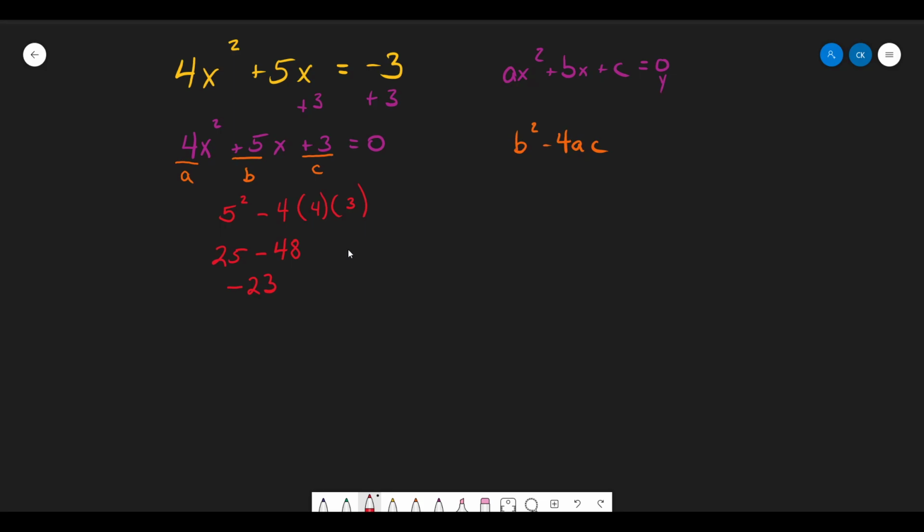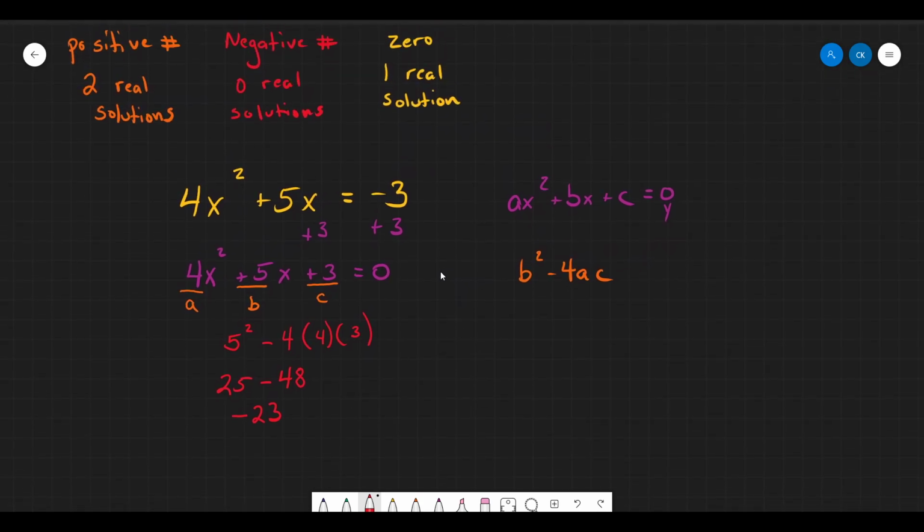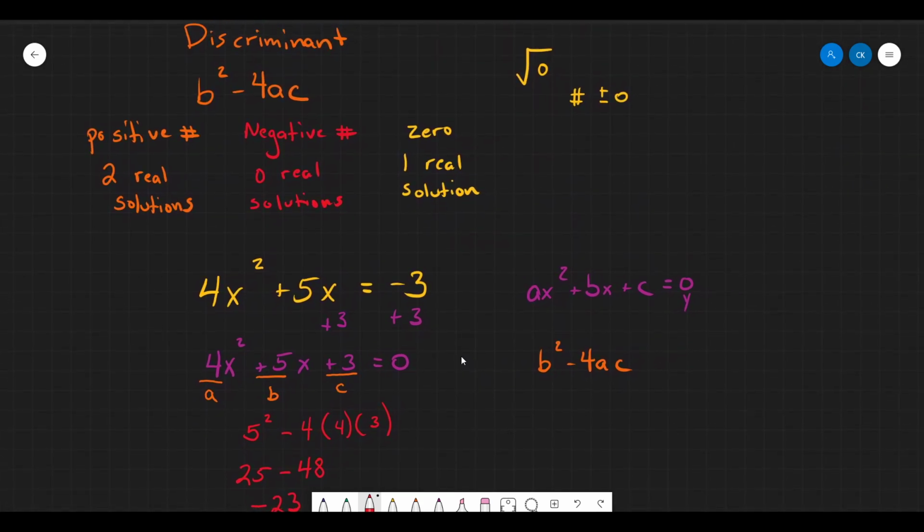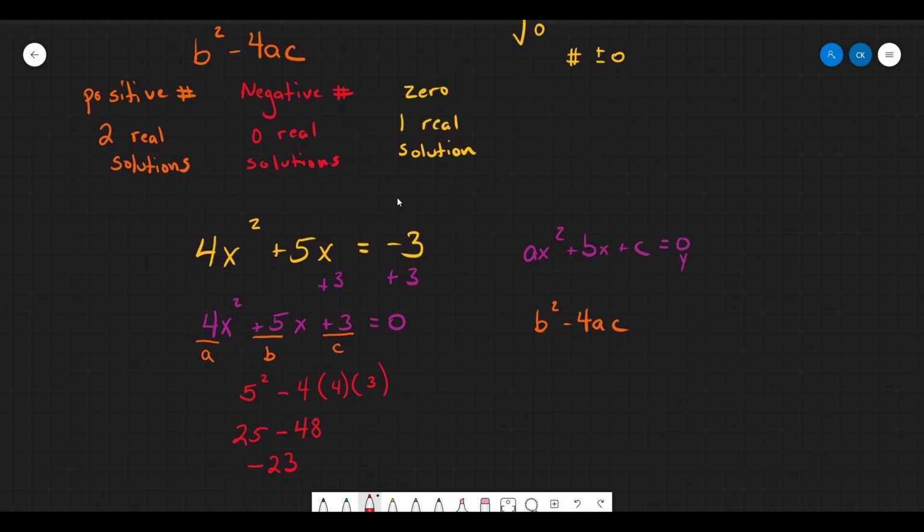Now the second question says, based on the discriminant, how many real solutions do we have? If we go back to what we were talking about before, if it's a positive number, you get 2 real solutions. If it's a negative number, you have 0 real solutions. If it's 0, you have 1 real solution.